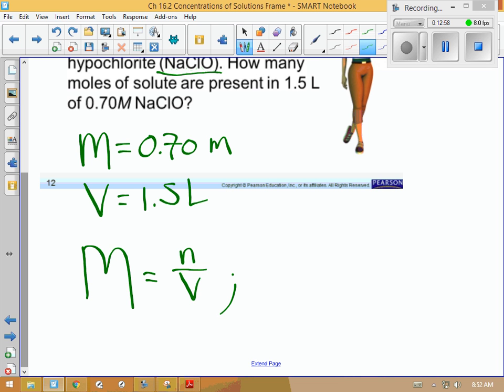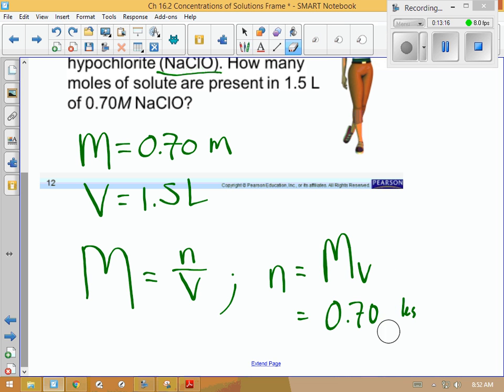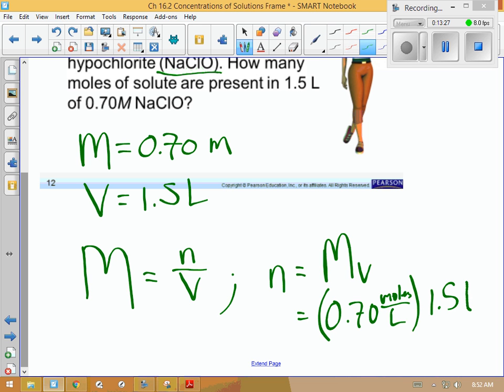Multiply both sides by volume, so we get moles equals molarity times volume. And in this instance, we've got 0.70 moles per liter for molarity, and volume is 1.5 liters.